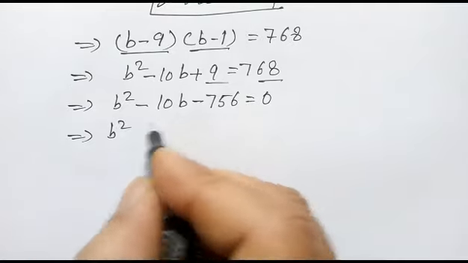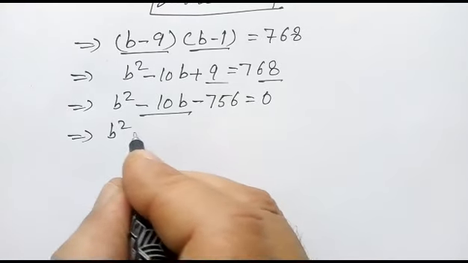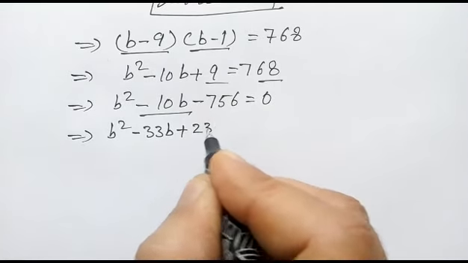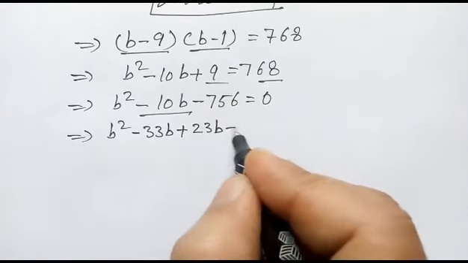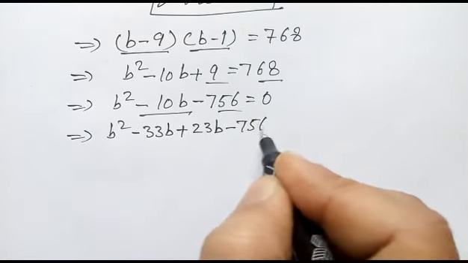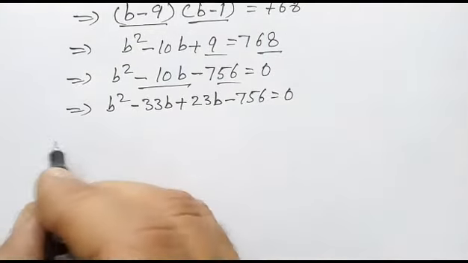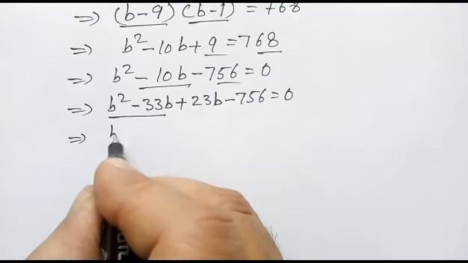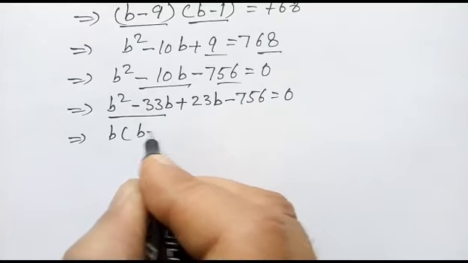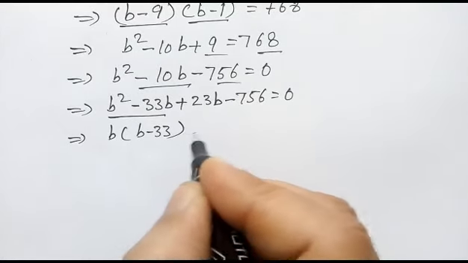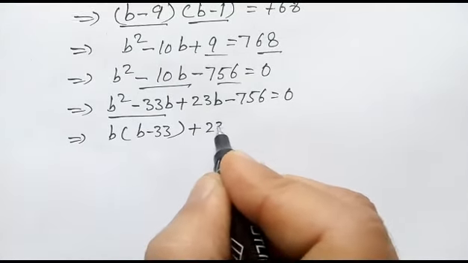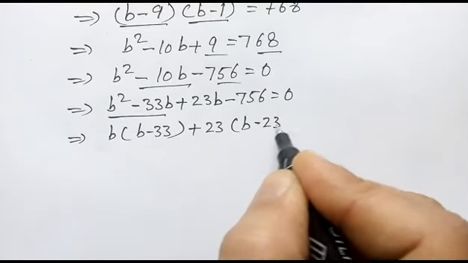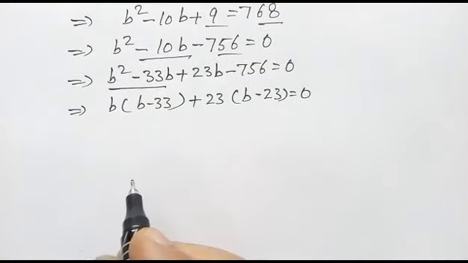So b square, this as minus 33b plus 23b minus 759 is equal to 0. If we take b common, b minus 33, plus 23 common, b minus 33 is equal to 0.